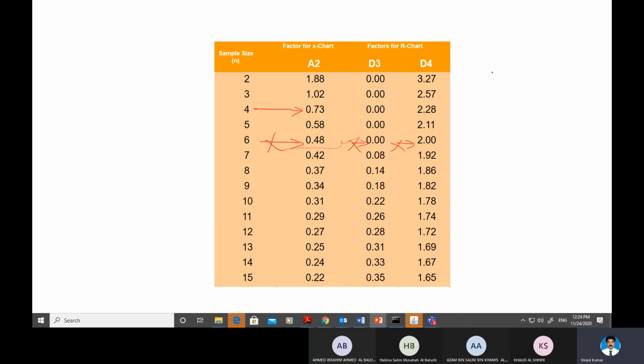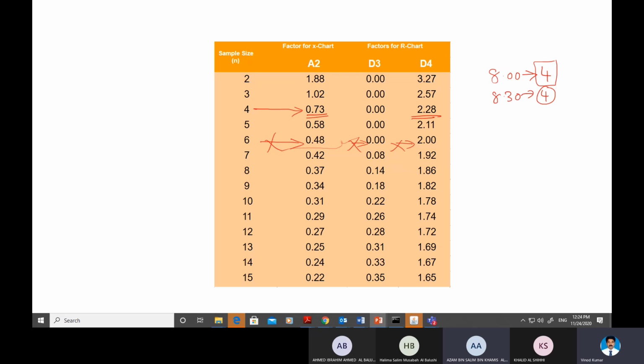At 8 o'clock, how many samples have you taken? 4, right? Then at 8:30, you have taken 4, right? So corresponding to 4, you have to take 0.73. These values need to be taken. Please write it. Is that clear? Yes, doctor.